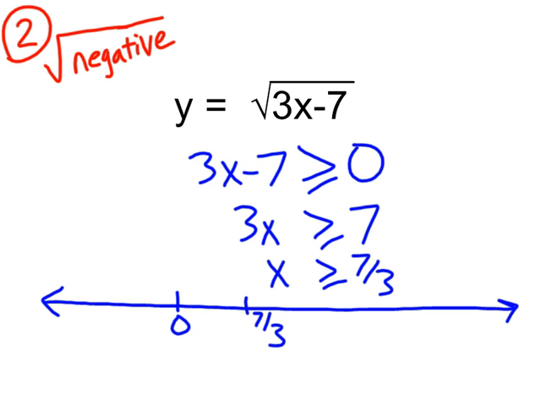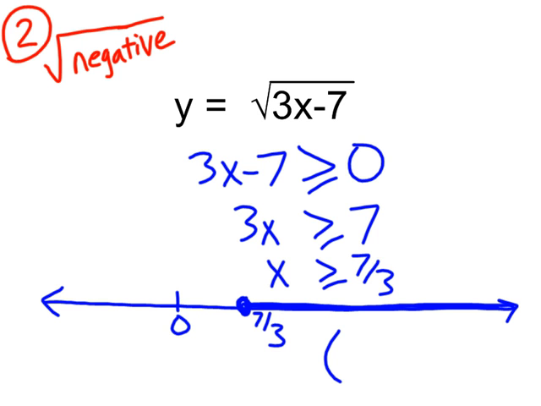And I want only the numbers that are equal to 7/3 or greater than 7/3. So I want all of these numbers. Any number over here is going to give me a negative quantity under the radical. Don't want that. So how do we represent that in interval notation?